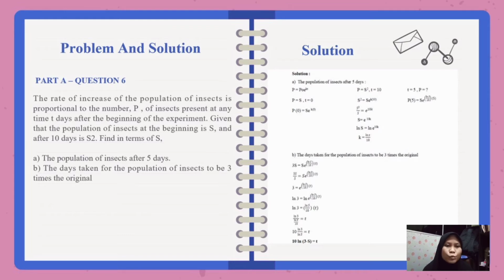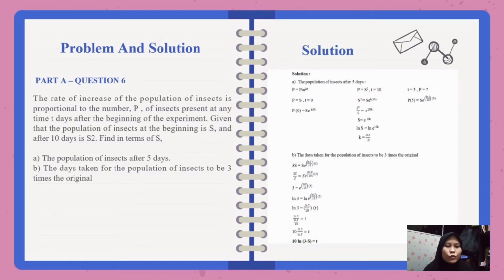We get S squared divided by S equals e^(10k), so S = e^(10k), and we get ln S = ln e^(10k), and we get k equal to ln S divided by 10.